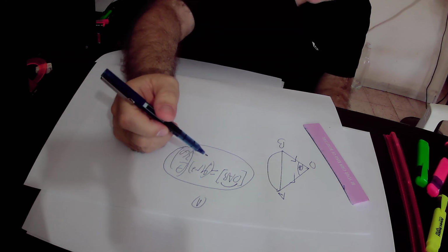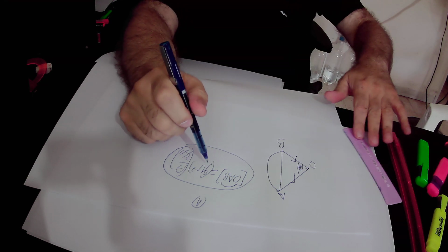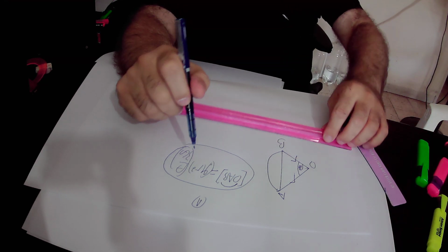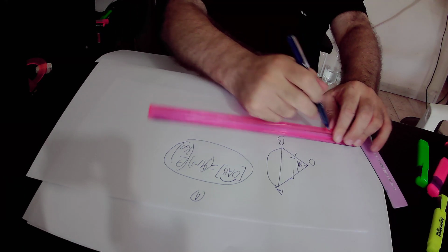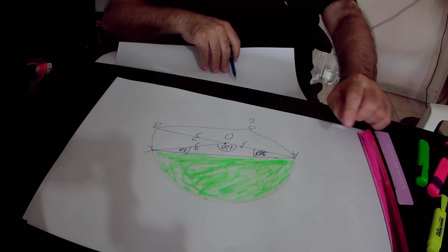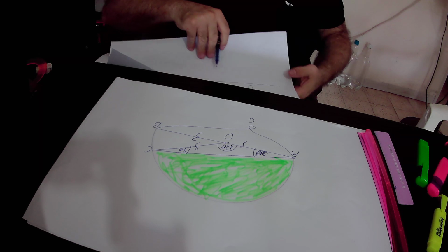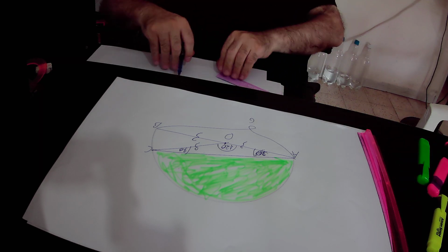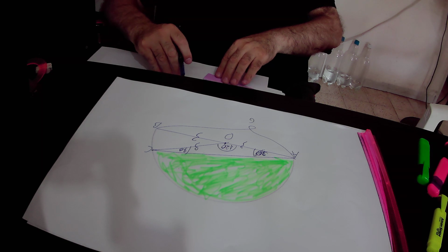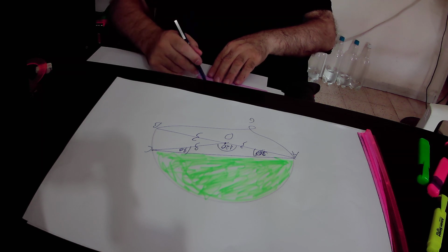So the area of sector AOB equals pi r square times theta over 360 degrees. We'll use this formula in order to find out the area of sector AOB. So I copy sector AOB in the new page and use the new formula in order to find out the area of sector AOB.